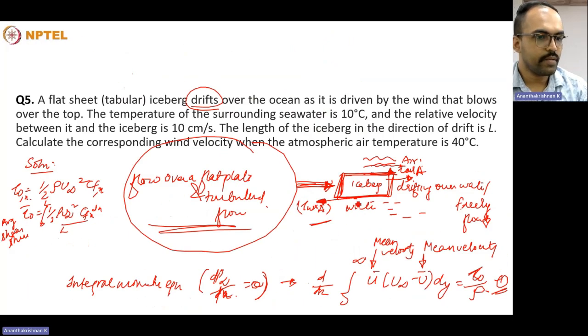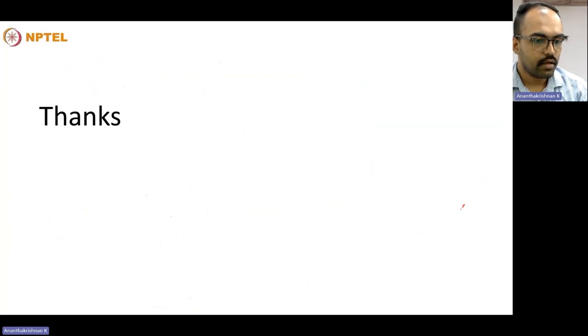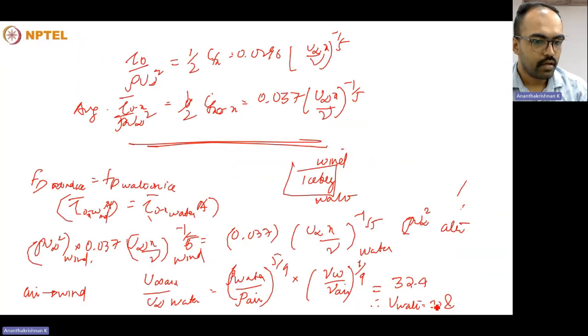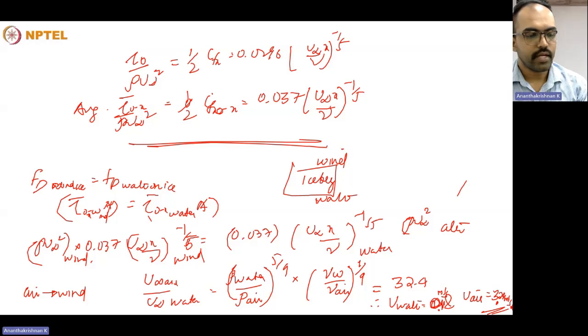Given 10 centimeter per second, that is 0.1 meter per second. Therefore, the U air is equal to 3.24 meter per second. So that completes the problem.